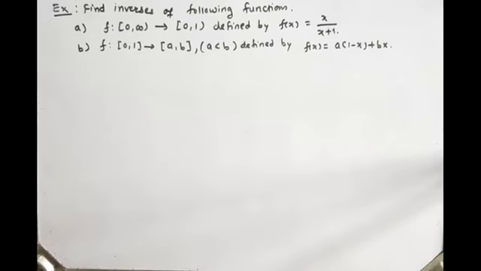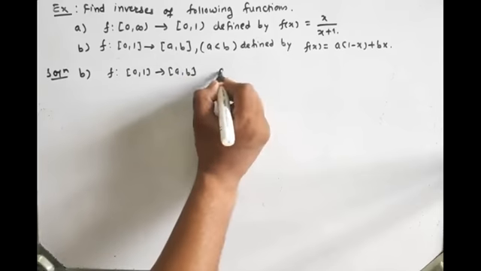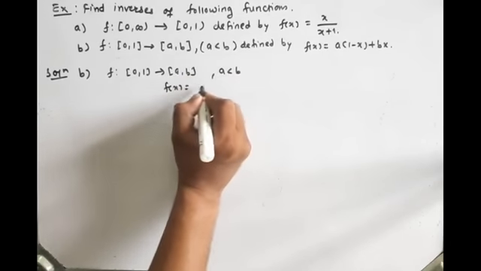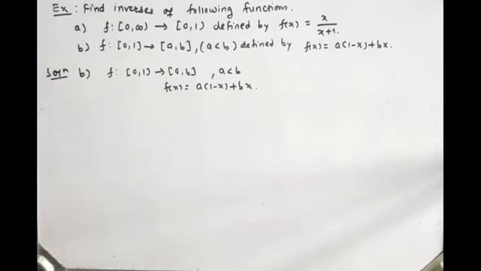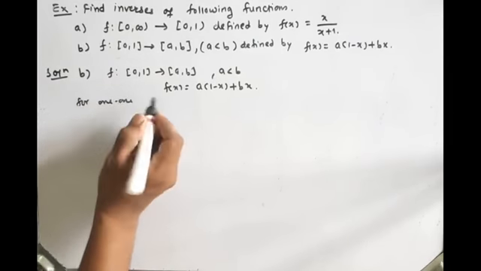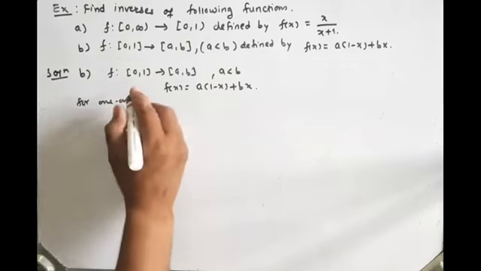Here f from closed 0 1 to closed ab, where a is strictly less than b, is defined by f of x is equal to a into 1 minus x plus bx. Because we have to find the inverse, and the inverse of a function exists if the function is bijective, meaning one-one and onto, first check the one-one function.